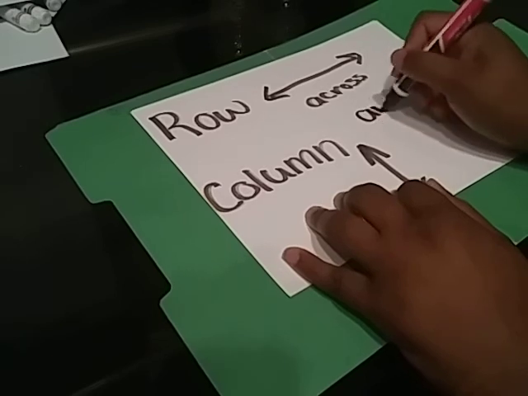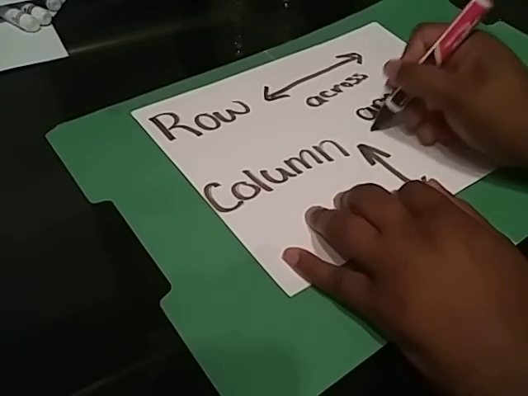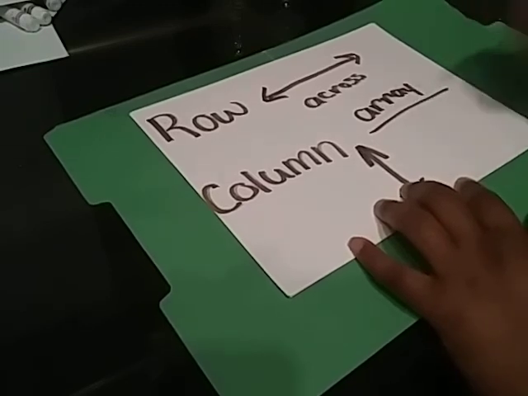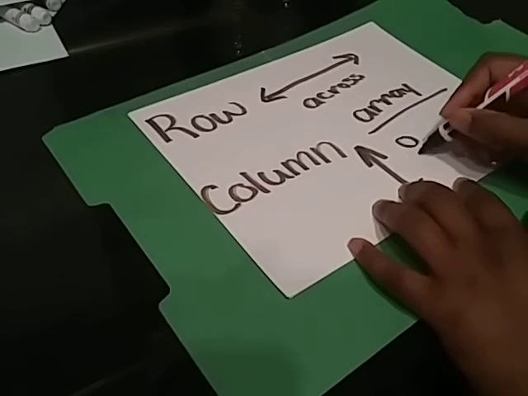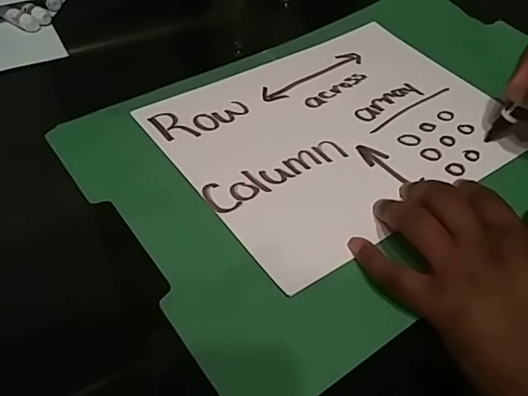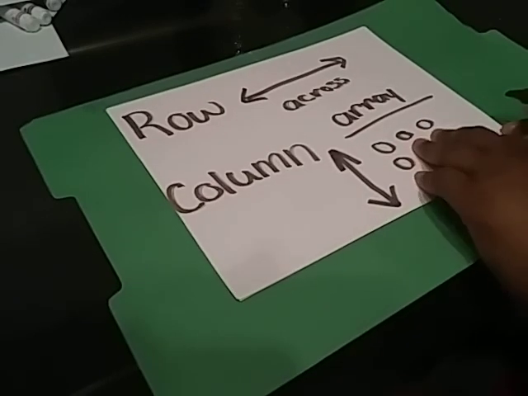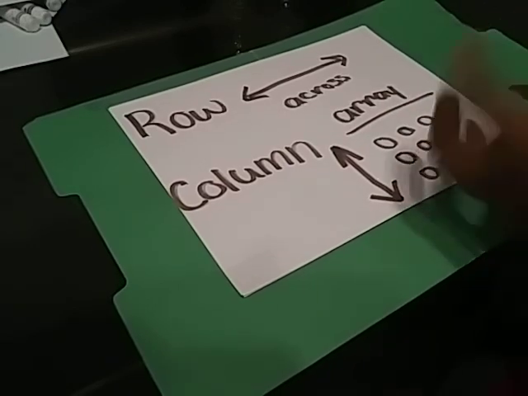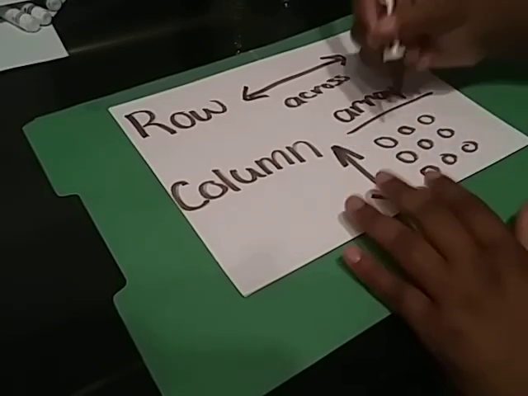An array is a group of objects. So let's say I have a group of circles, grouped in columns and rows. This is an array, and it's just a picture with objects put together in columns and rows.